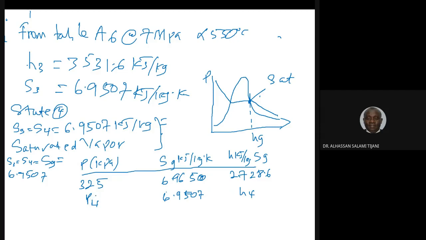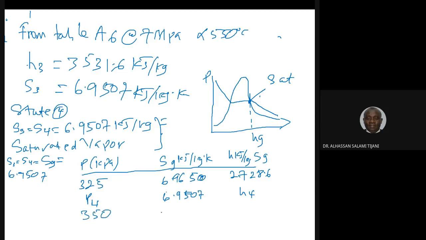So from 300 to 500, then let's say the enthalpy Hg. If you have your property table, you can refer to it. So I'll take 350, a higher pressure.